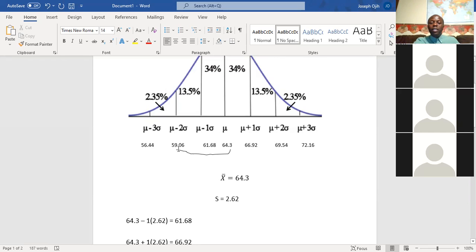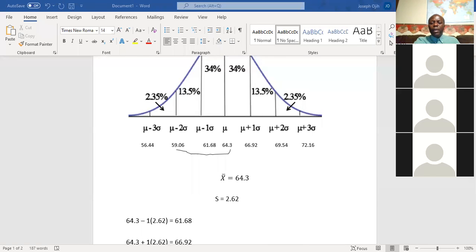In our case, it says between 59.06 and 64.3. That means between here and here. Then you add the percent given. That will give you the answer. Does that make sense? Yes, sir. Thank you. Welcome.